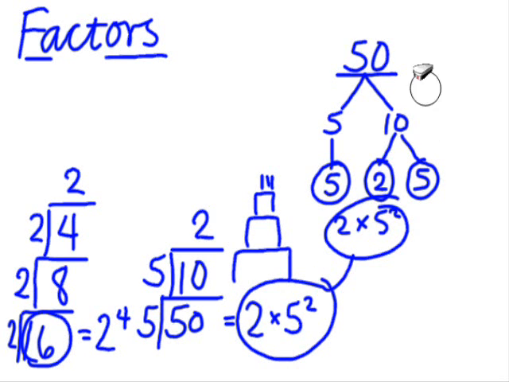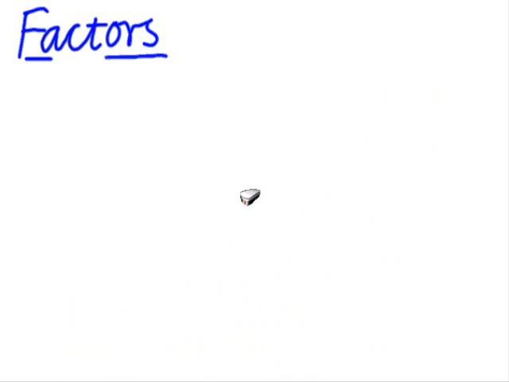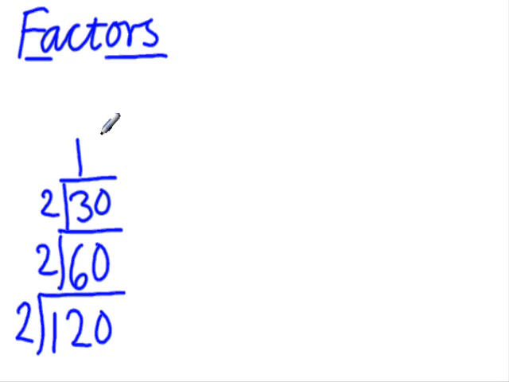We'll take one more. Let's do 120. We'll do the birthday cake method first. 2 goes into 120, 60 times. 2 goes into 60, 30 times. 2 goes into 30, 15 times. 2 will not go into 15, but 3 will go into 15, and that gives us 5 times.